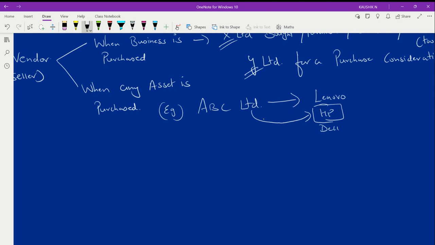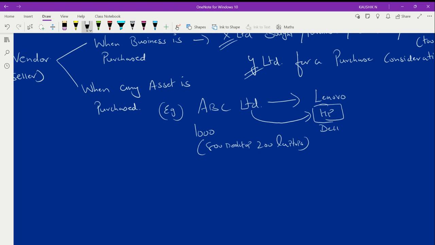Say for example, they are ordering 1,000 pieces, in which they say I need 800 desktops and 200 laptops. So like this, they made the orders to HP with some specifications, configuration, etc.